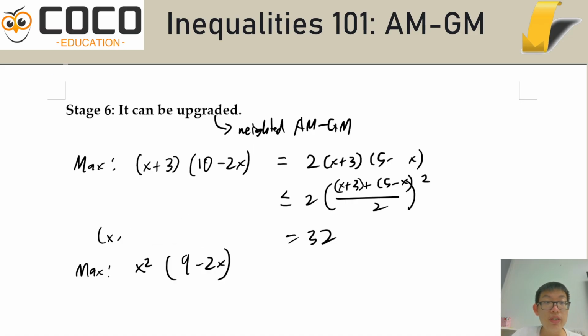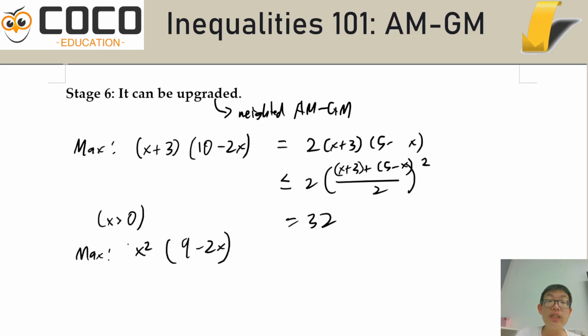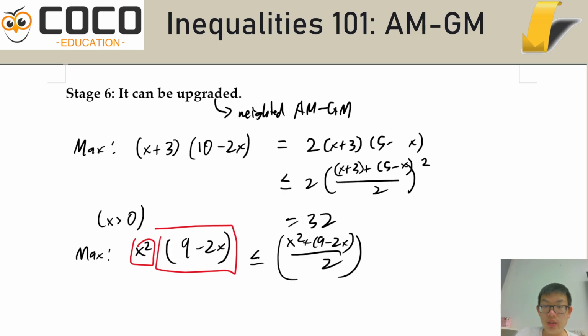Okay, so how would you get the maximum value of x squared times 9 minus 2x? Now, if you were to use AM-GM naively and say that, hey, these are the two guys, I'm going to conclude that it is less than x squared plus 9 minus 2x over 2, squared, which is true but pretty useless.